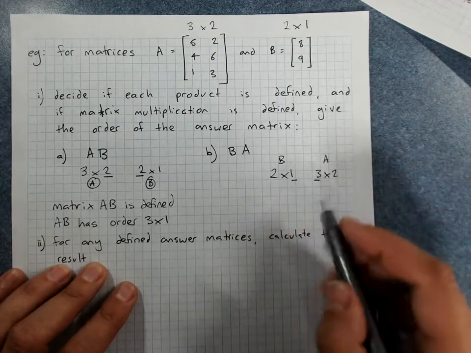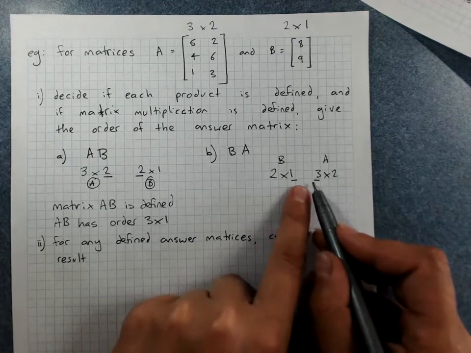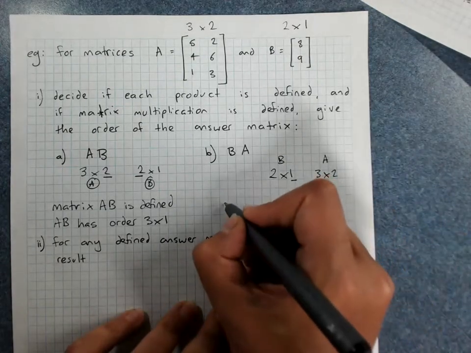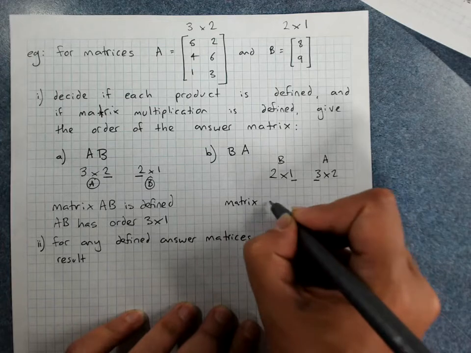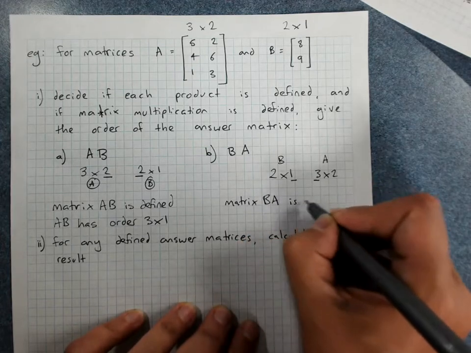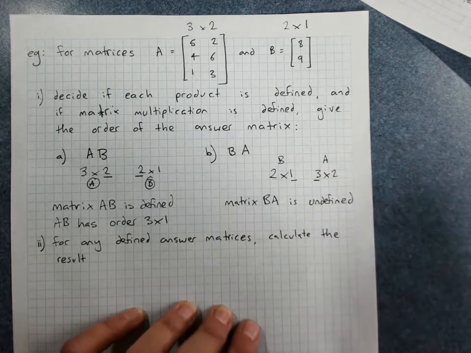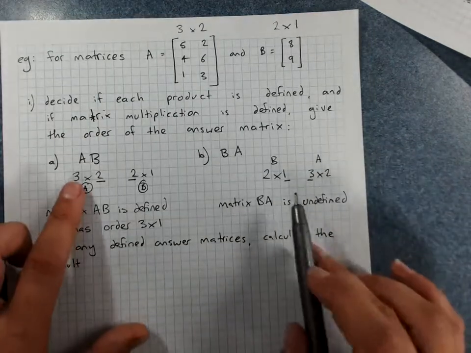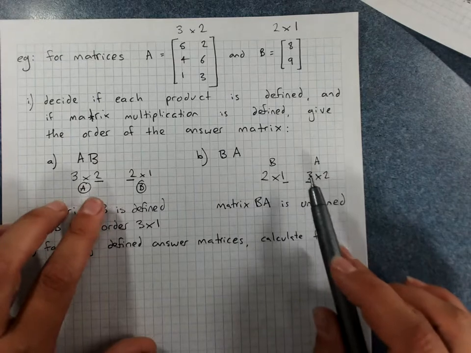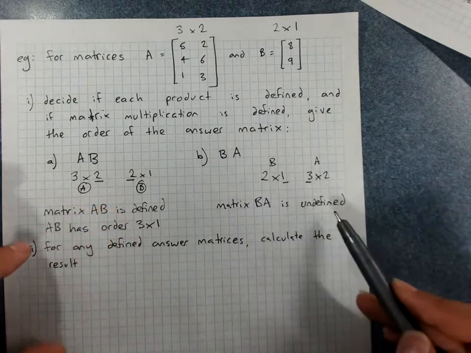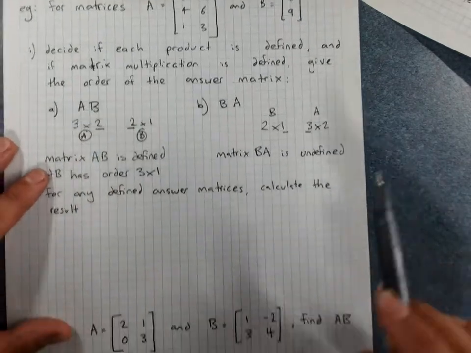These numbers on the inside are not the same, so matrix BA can't be done. It's undefined. We cannot do that multiplication. It's worth checking this before you try to do a matrix multiplication by hand, because by hand is really tedious.